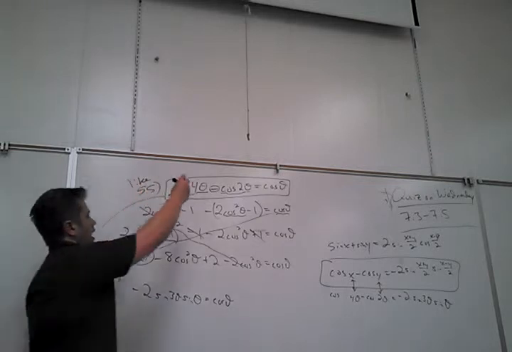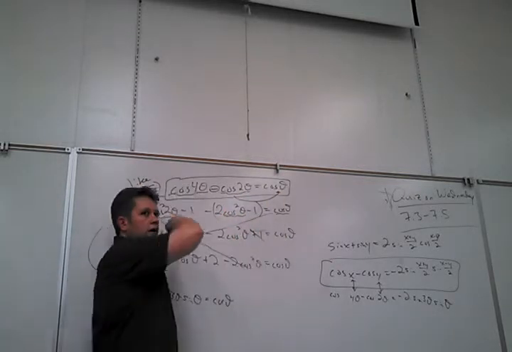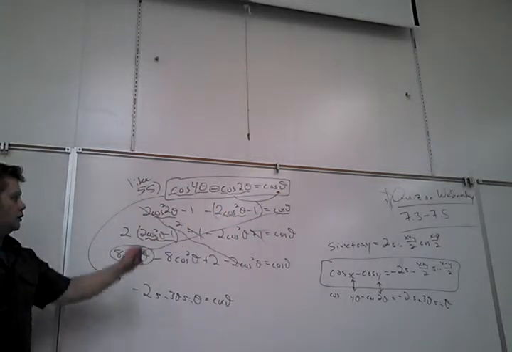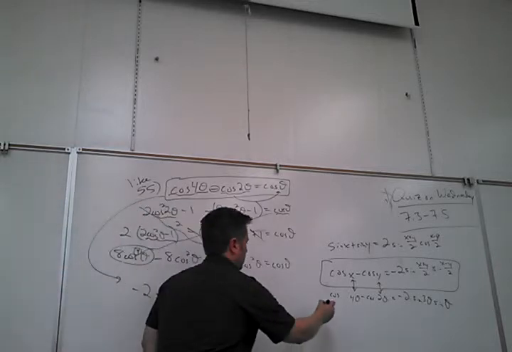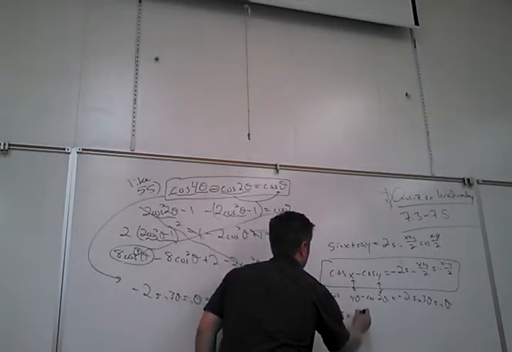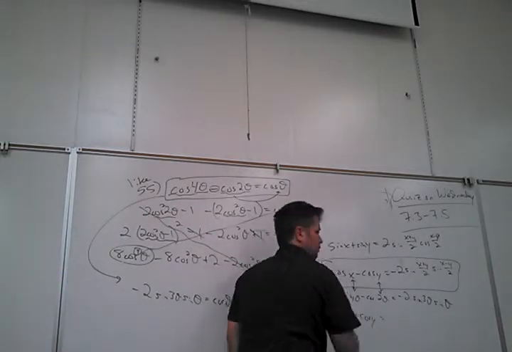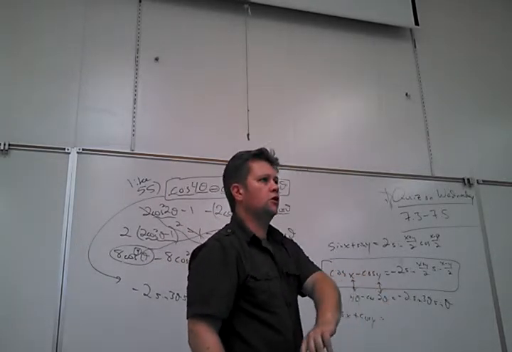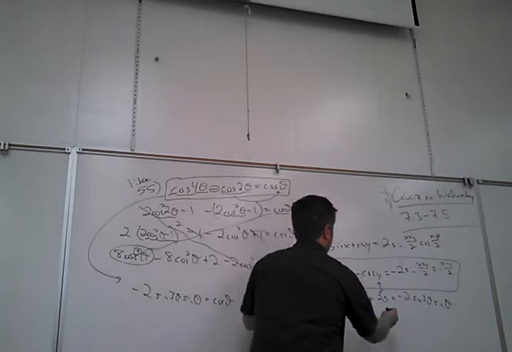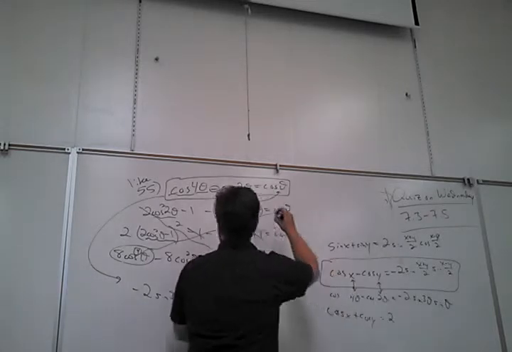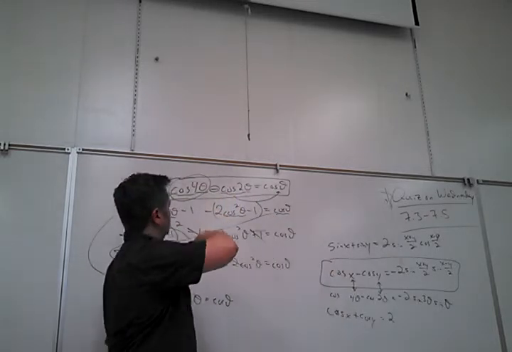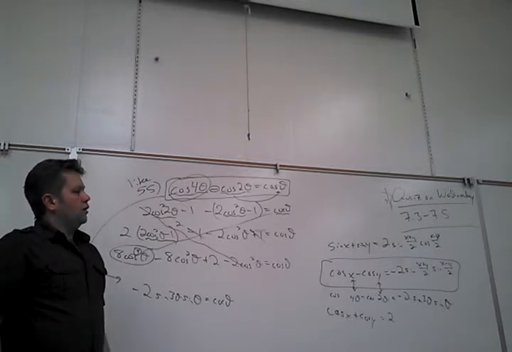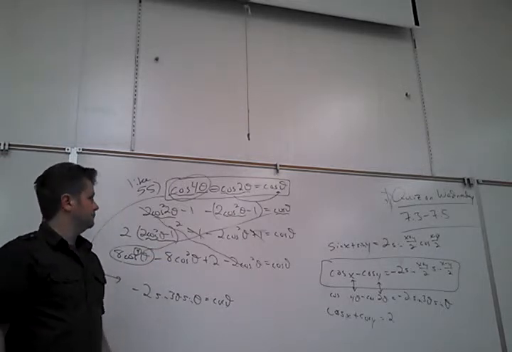Now notice you could add this over, possibly, and try it with the cosine x plus cosine y option. That's all in terms of cosines. That seems a little bit more feasible. But then I still have this guy to worry about. Well, it might come out all right.